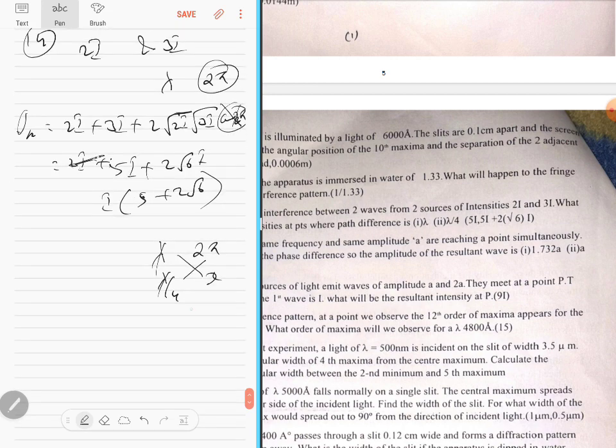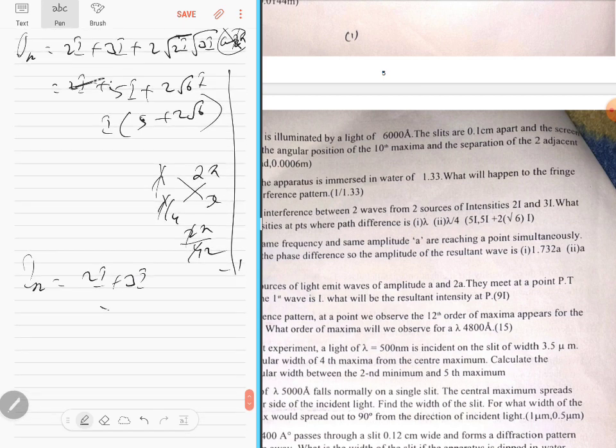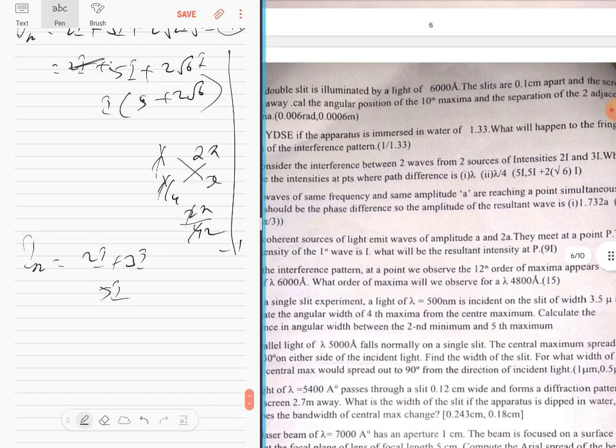Lambda gets cancelled, it will be 2 pi by 4, which is pi by 2. For pi by 2, the resultant intensity will be just 2I plus 3I, because the cos component will be cos pi by 2, which is 0, so it gets 5I. They seem to have interchanged the answers in the solution. As long as you understand that.